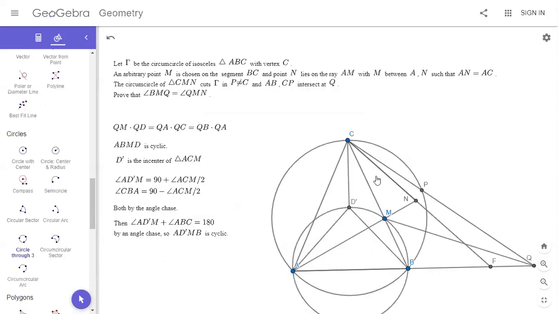And then angle ANC is equal to angle ACN. Is that right? Are those the two that are equal? Yeah, AN is equal to AC.